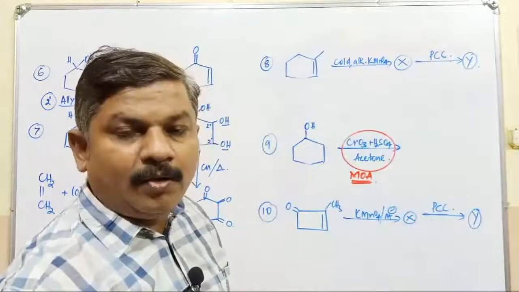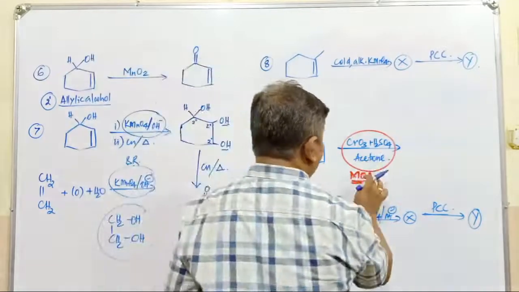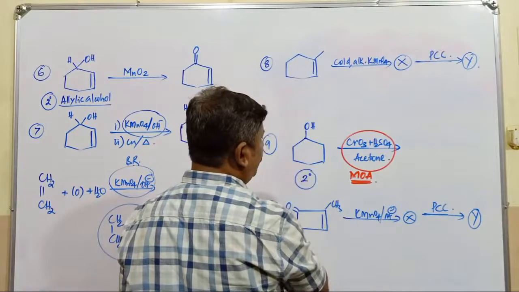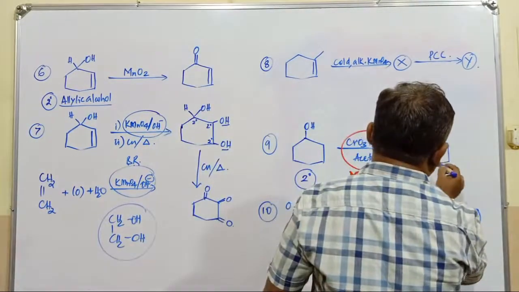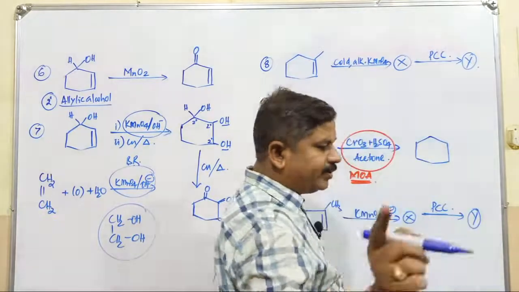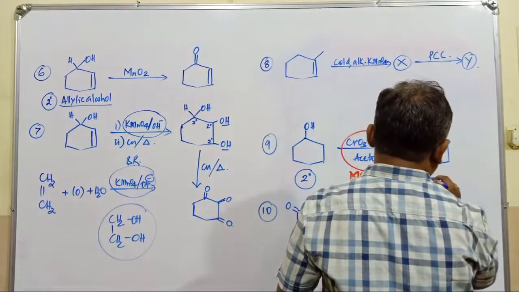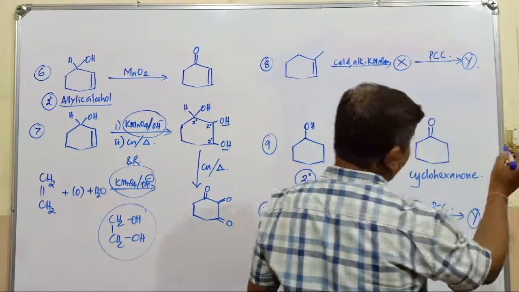Aldehyde, secondary alcohol into ketone, and tertiary alcohols have no effect. This is also a mild oxidizing agent. What type of alcohol is this? It is a secondary alcohol, cyclohexanol. When it is a secondary alcohol, what is the product of its oxidation, students? It's a ketone, C double bond O. What's the name here?